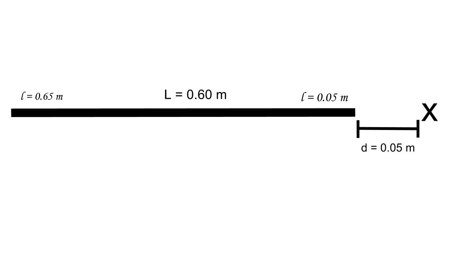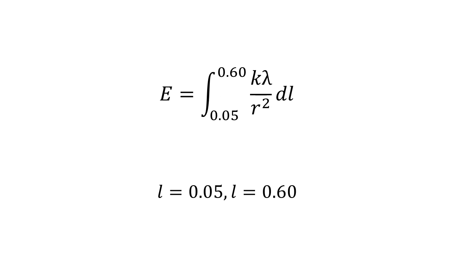And then on the far left, I said that little l equals 0.65 meters, and that simply comes from adding the big L, which is 0.6, plus the d, which is 0.05, to equal 0.65 meters. So when we integrate, we want to integrate from the beginning of the rod to the end of the rod. So the limits of integration will be 0.05 to 0.65. The integral now looks like this.